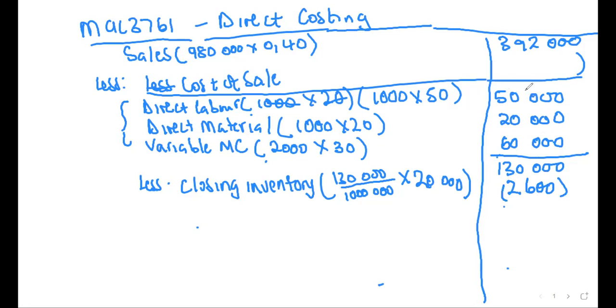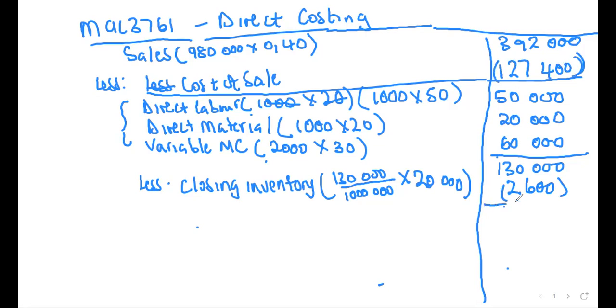Right, so what is going to be our cost of sale here? We subtract from 130, we subtract minus 2,600. How much do we have there? I have here 127,400.